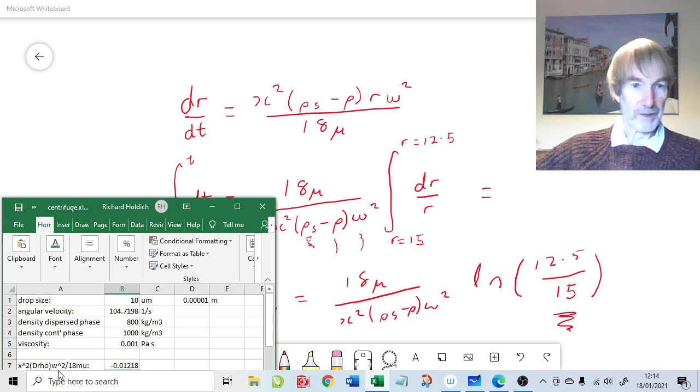So here is our collection of constants. It's actually the other way up compared to what's written on the right, because I hadn't taken it to the other side of the equation at this stage. But you'll notice, importantly, it's got a negative sign. I like that.